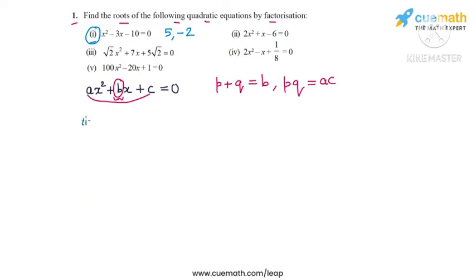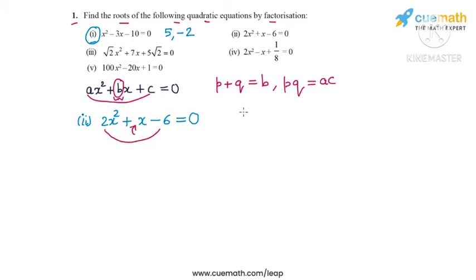In part 2, the equation is 2x square plus x minus 6 is equal to 0. To split the middle term, we have to find two numbers such that their sum is 1, the coefficient of x, and their product is 2 times minus 6, or minus 12.